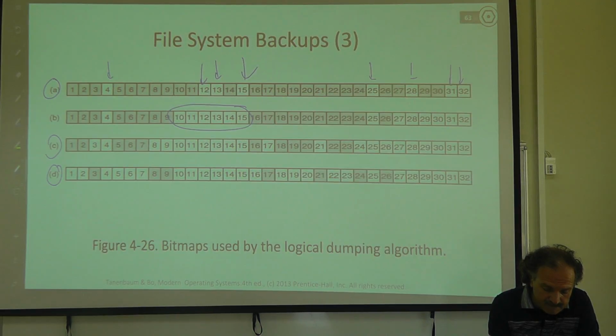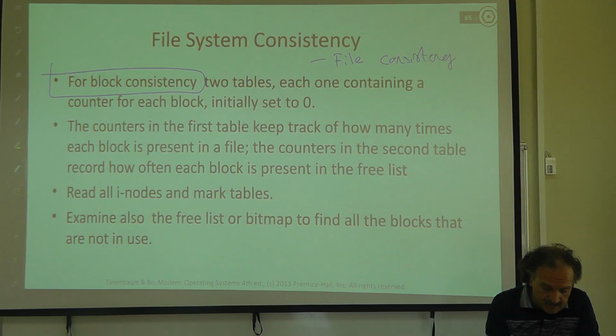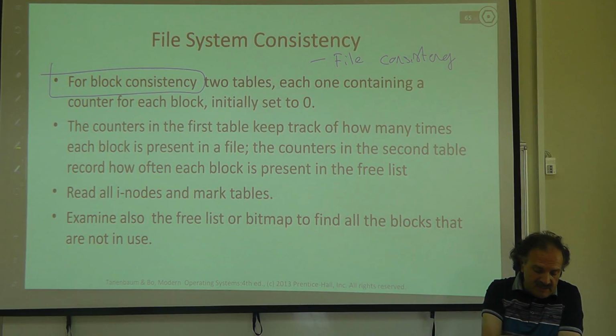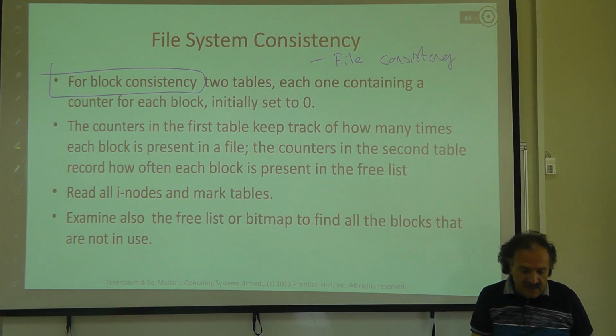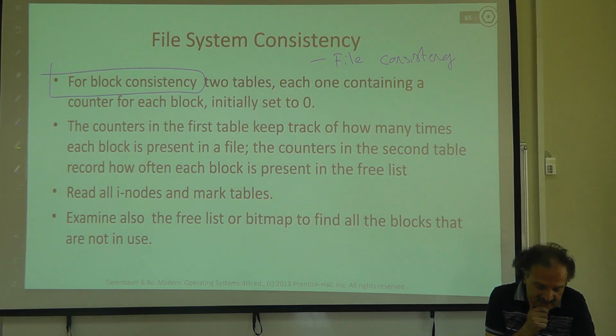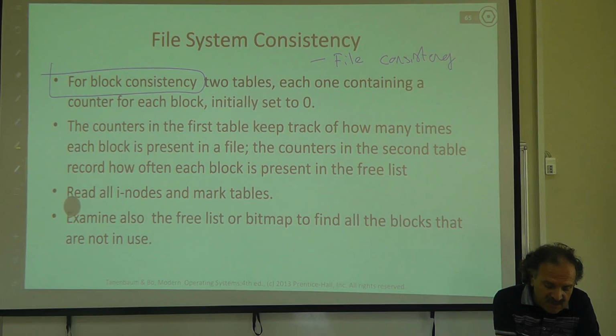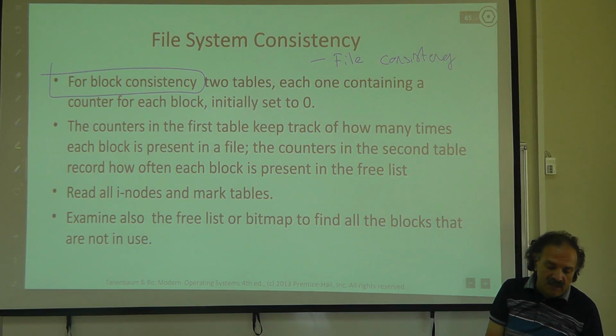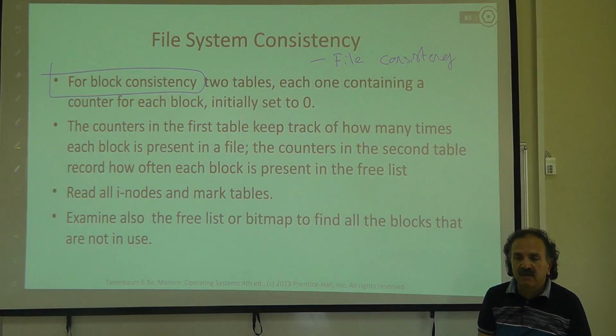So I have two tables, one for the blocks contained in a file and one for the blocks listed in the free list. What we do is read all inodes and mark the tables. What are inodes? Inodes are the data structures that contain the addresses of the blocks for each file.